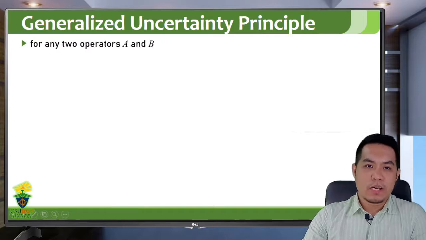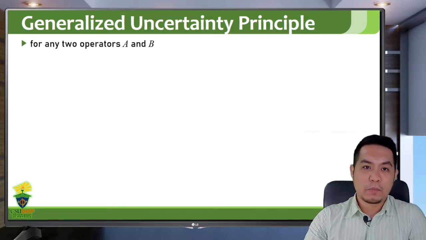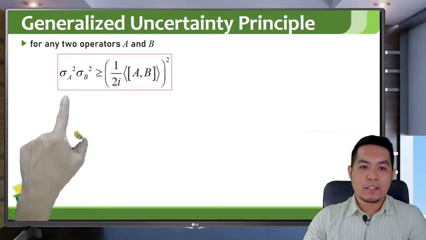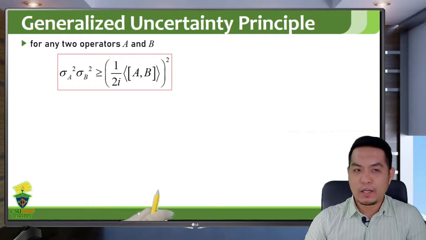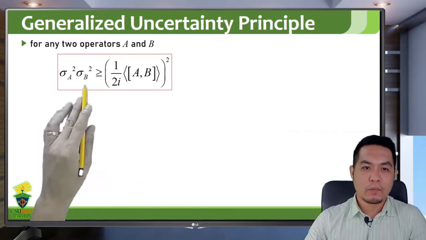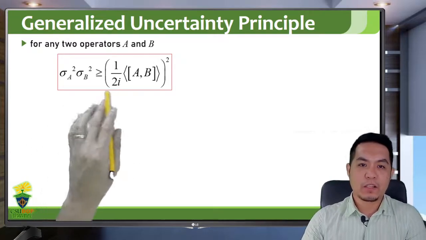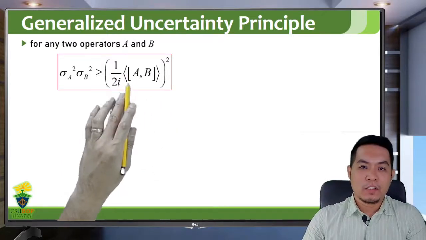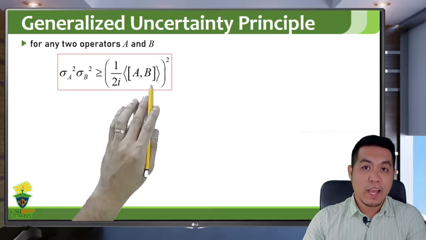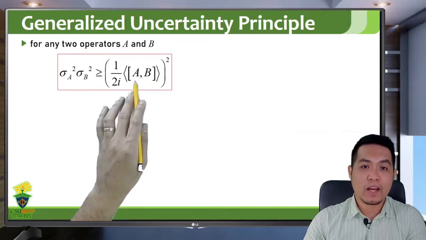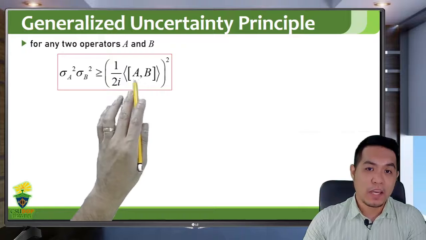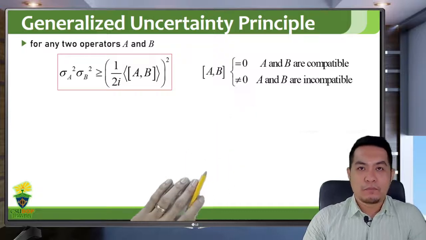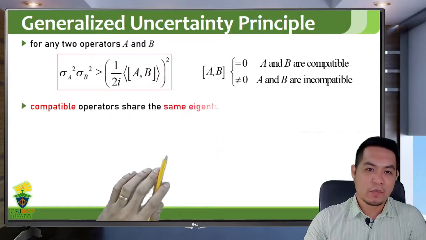This is now the generalized uncertainty principle for any two operators A and B. The uncertainty in operator A squared multiplied by the uncertainty in operator B squared must be greater than or equal to this term here. The brackets represent expectation value, so the expectation value of the commutation relation of A and B. Again, this is the meaning of the commutation relation between A and B.